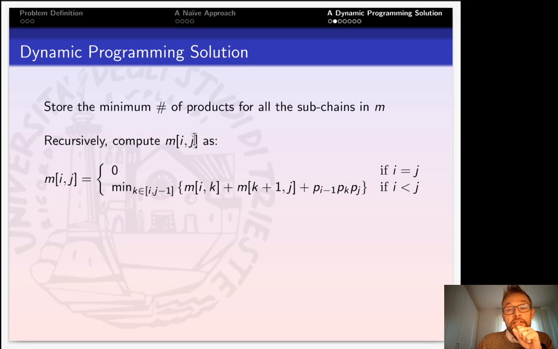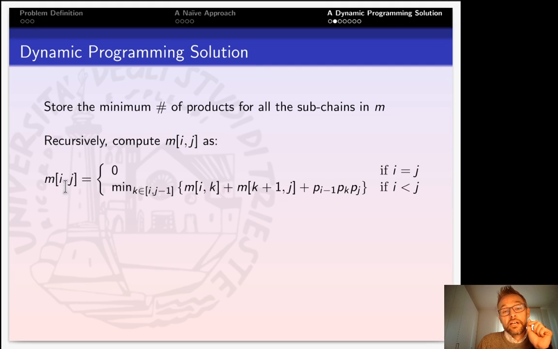The element ij in M is the minimum number of products required to compute the chain matrix multiplication of the matrices between AI and AJ.